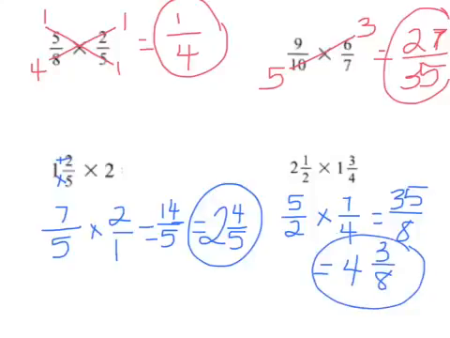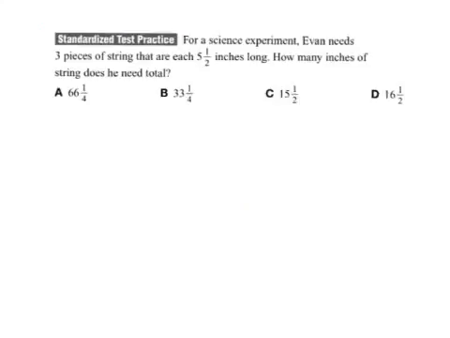We've got one more. It's going to be a word problem. It's always nice and good for you to practice things with word problems. It says here, for a science experiment, Evan needs 3 pieces of string that are each 5 1/2 inches long. How many inches of string does he need total? So we're looking for his altogether, how much string he needs.